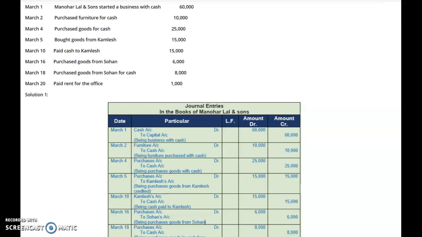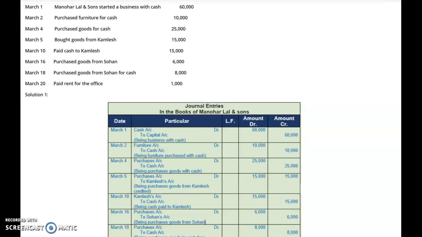Keep in mind that if no word is given relating to cash, it is implied that this is a cash transaction, because neither the name of the party is given nor the cash word. When only the name of the party is given, it is a credit transaction.